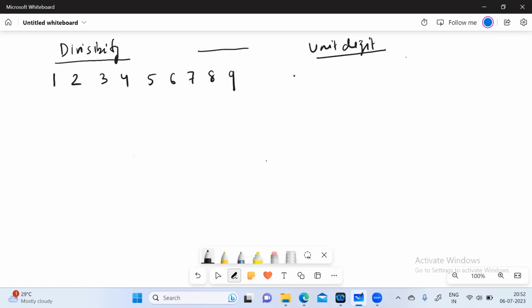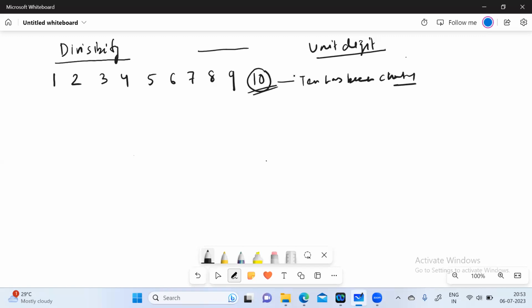After these 9 digits, counting 9, we write 10. This says that one time ten has been achieved. So that's why we call it a decimal system.